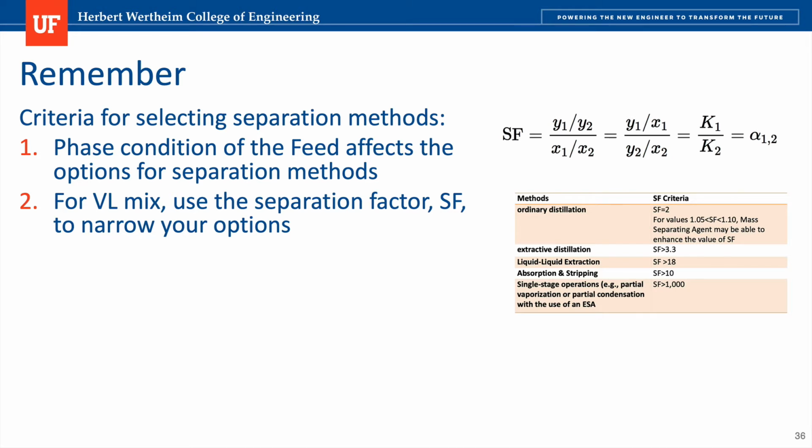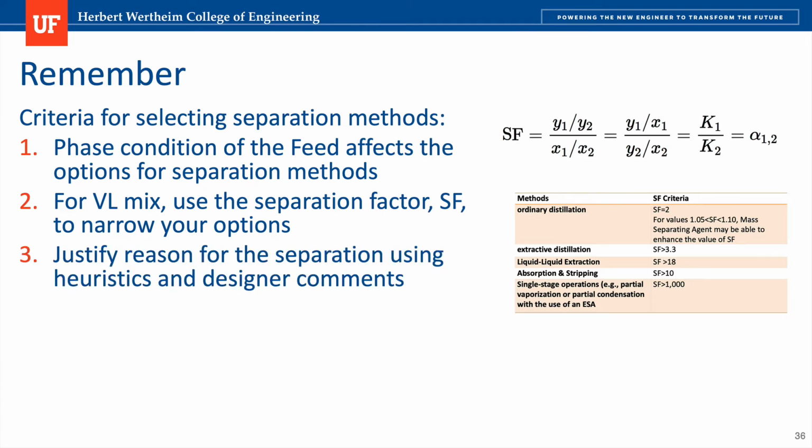And with that, you can go to this table on the right and determine which method may be suggested by this approach. Then you need to also couple this with a justification for the separation using heuristics and designer comments. Not all the pairs may be relevant for you.